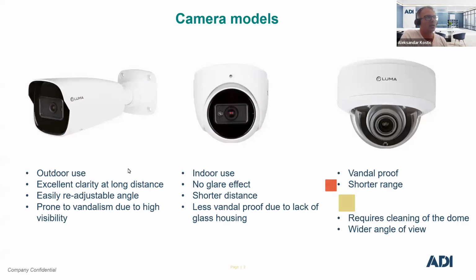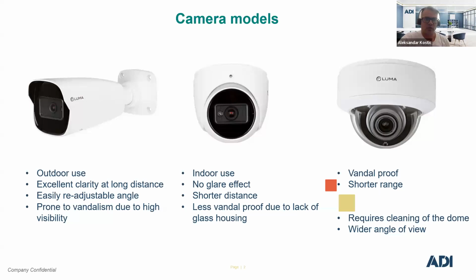Okay, so let's start. First of all, we have many different camera models, and it is hard to decide, when we are specifying the project, which camera model is proper for a certain implementation. So first we need to decide what form factor would be the best.